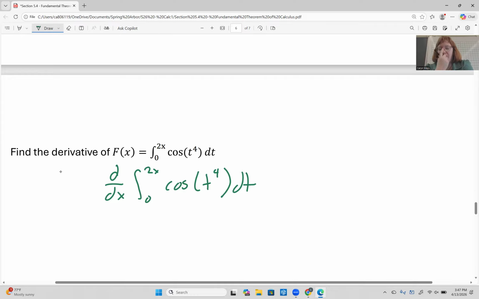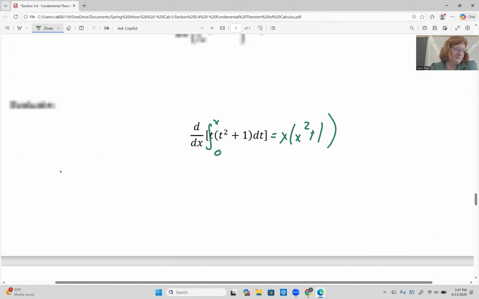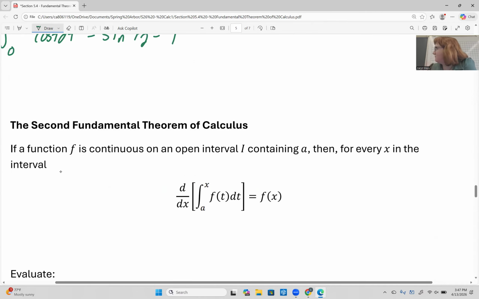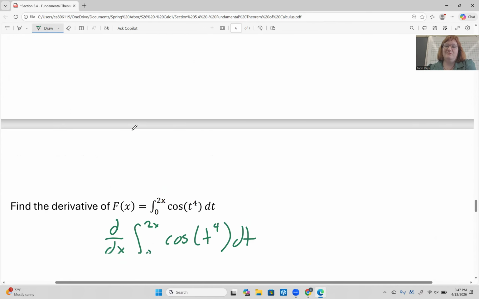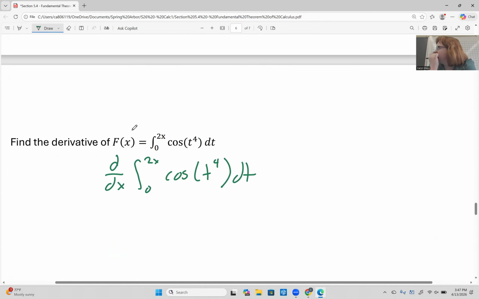Cosine 2x all to the 4th. Yes, we would expect that. There is a problem, though. This rule basically says this thing and this thing need to match. Do they match? No.